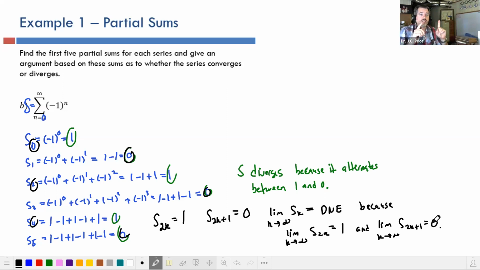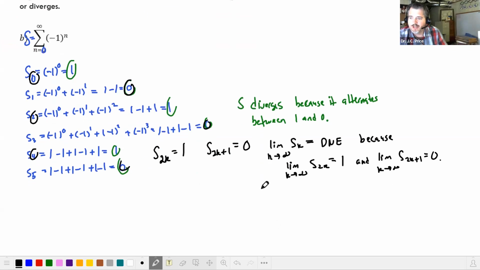Whatever subsequence of the index you take, it should always converge to the same number. Since the even partial sums go to 1 and the odd partial sums go to 0, they're just not the same, and so that limit does not exist. So we can say, therefore, S diverges by definition.